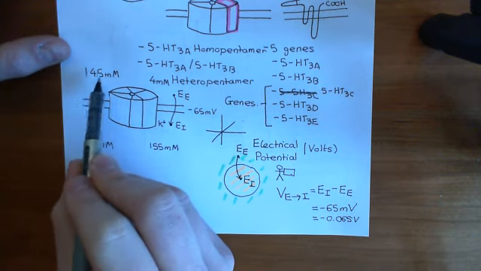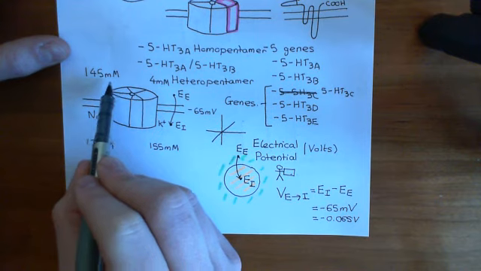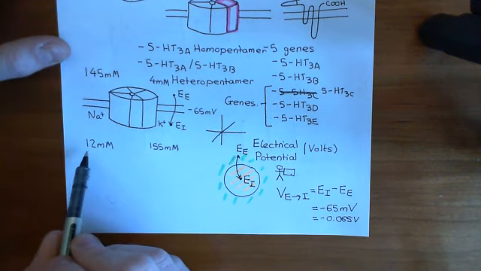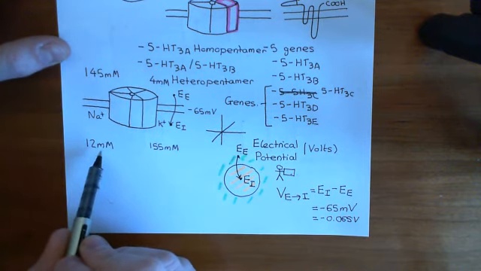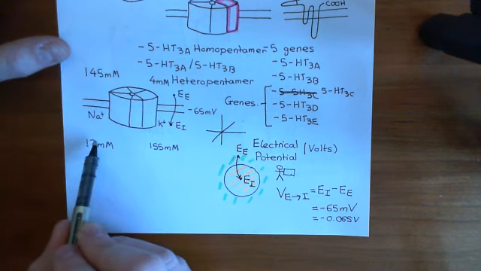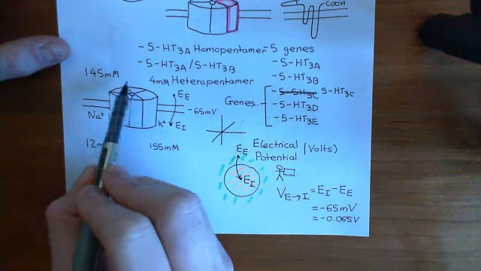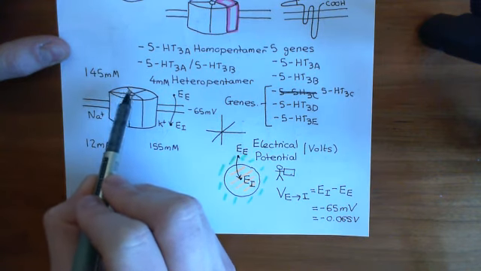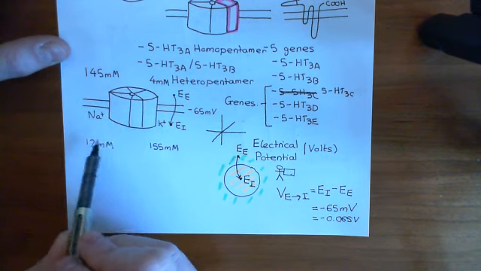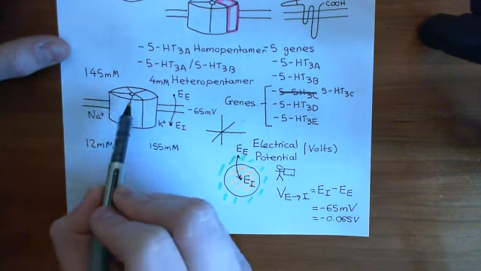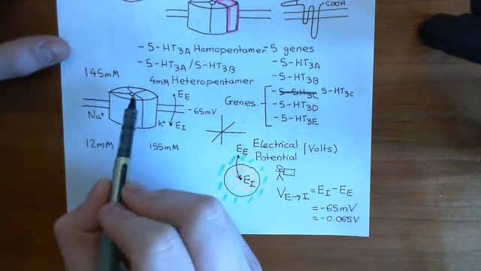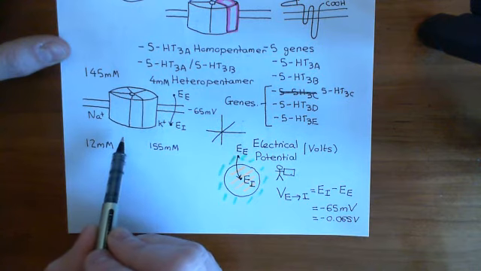The sodium concentration extracellularly is 145 millimolar, whilst it's 12 millimolar intracellularly. That's a 12-fold gradient favouring the movement inwards, simply because a sodium ion is 12 times more likely to hit the channel from the extracellular fluid and go in than it is to hit the channel from the intracellular aspect and go out. So that's going to favour the movement of sodium in.